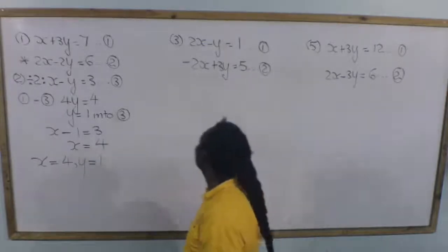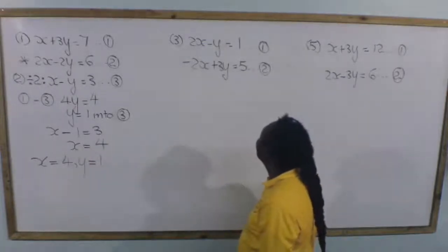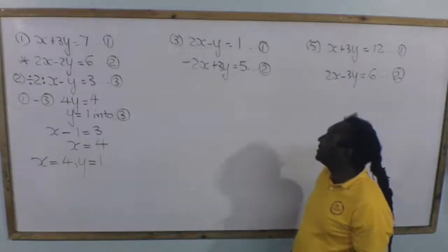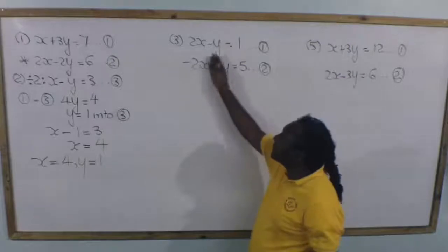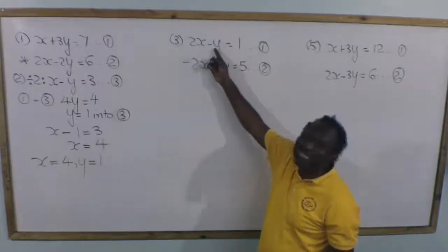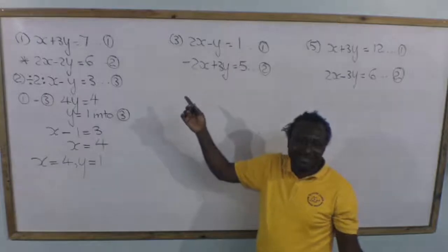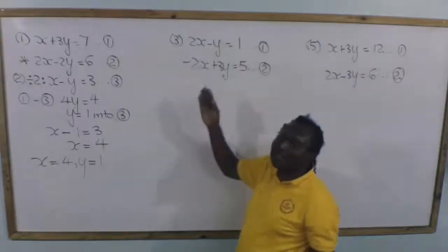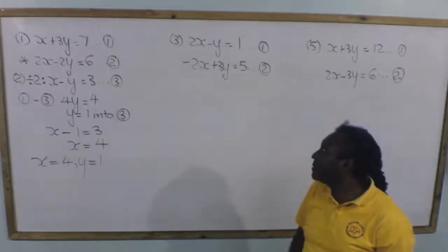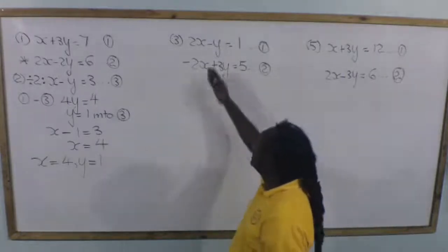So is the y and the 3y. Well, these have different signs also, but they are not additive inverses because they do not have the same size. But these are additive inverses because they have the same size and the signs are different.